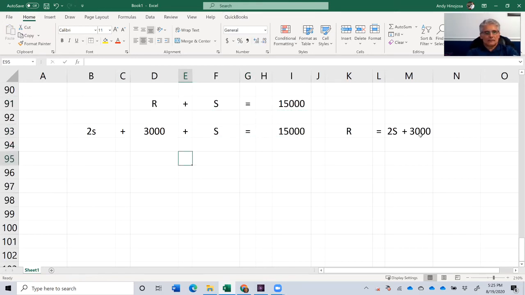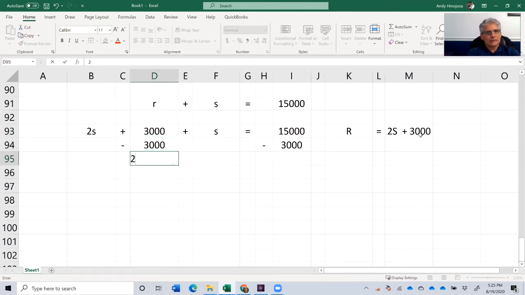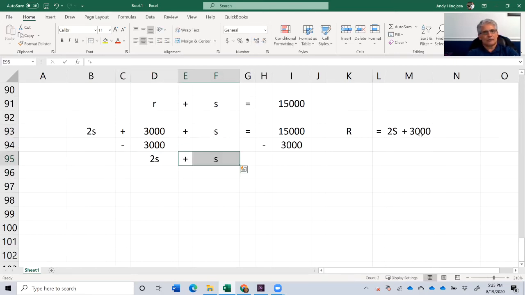Well, I want to isolate the S, which means I can go ahead and subtract 3,000 from both sides of the equation. And 3,000 minus 3,000 will give us zero, so we have 2S plus S, because we've rid ourselves of this number here. What is that equal to? 15,000 minus 3,000 gives us 12,000. And we can still combine like terms here.